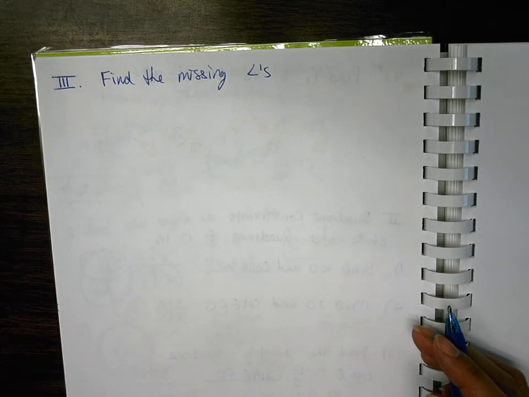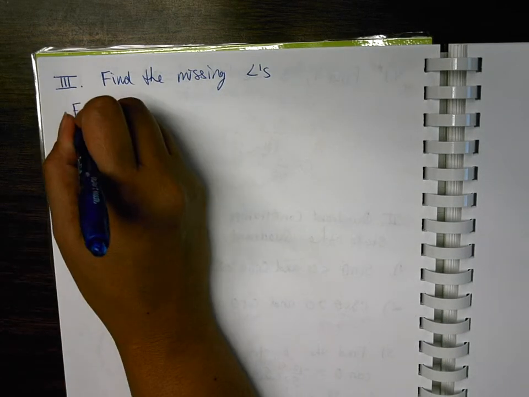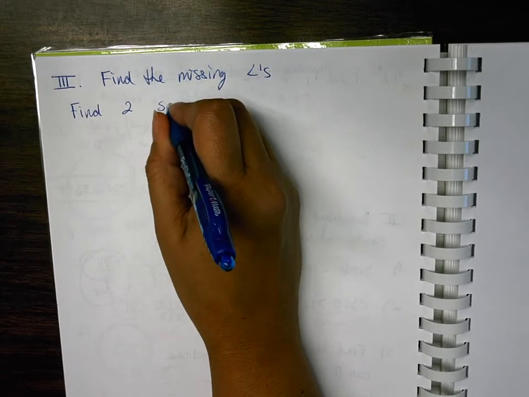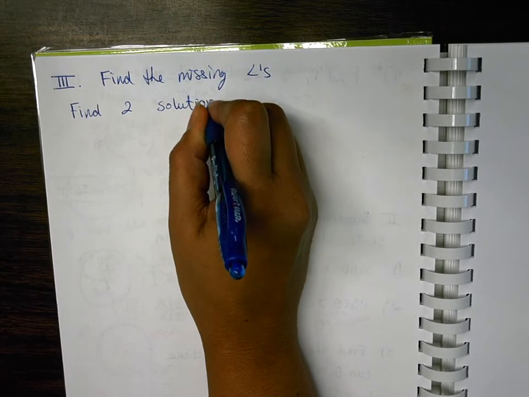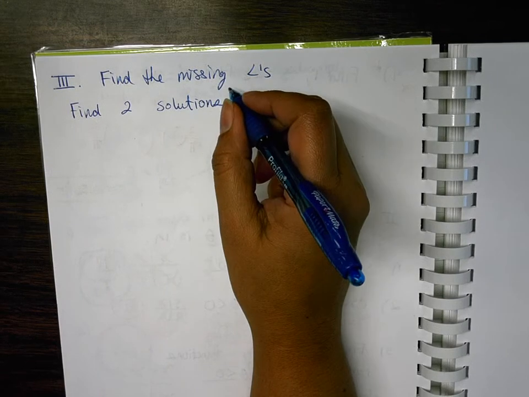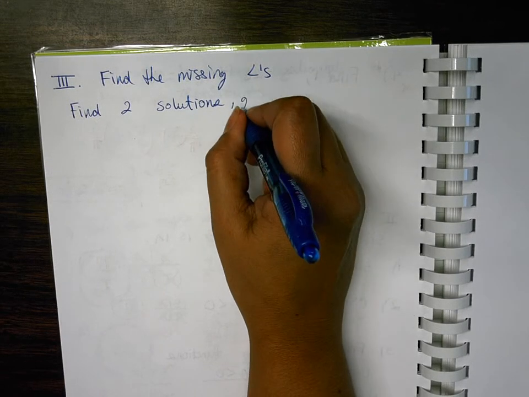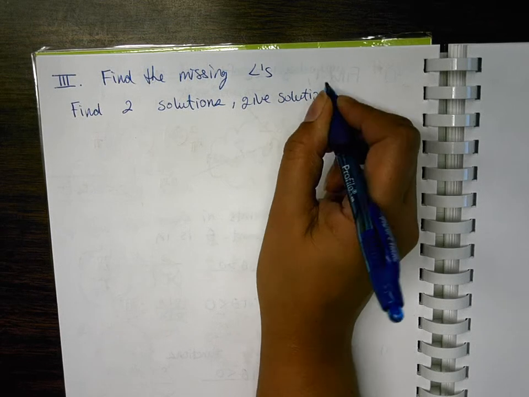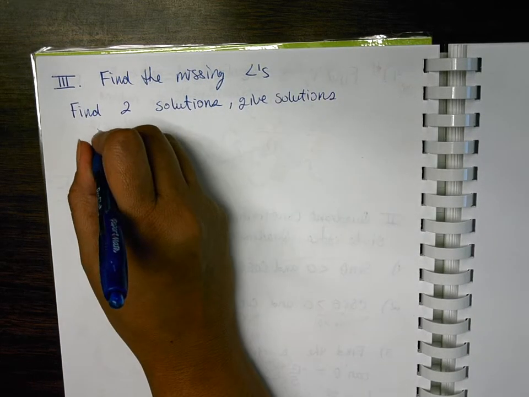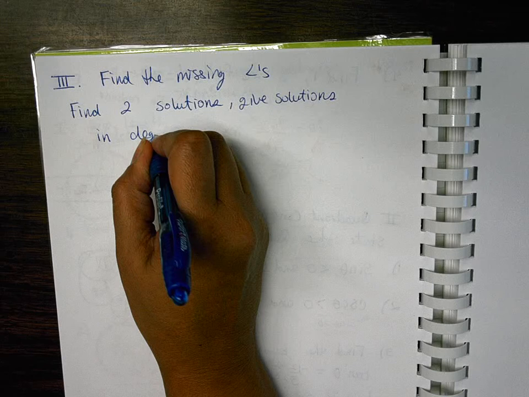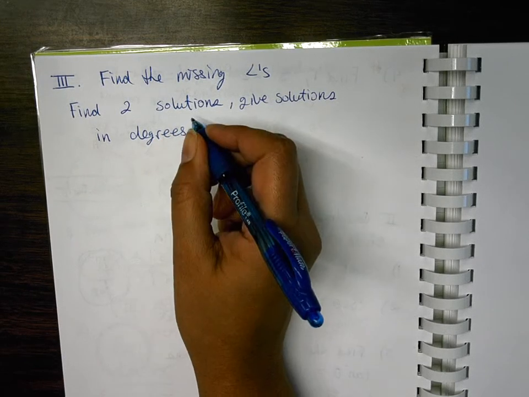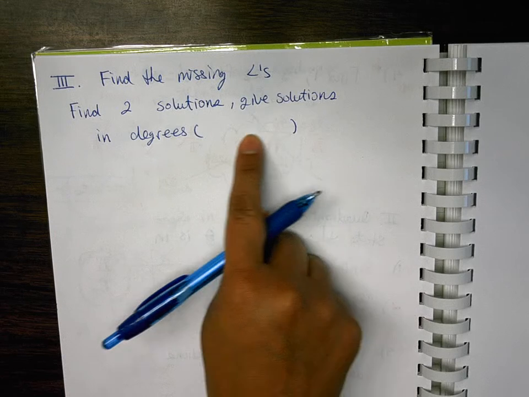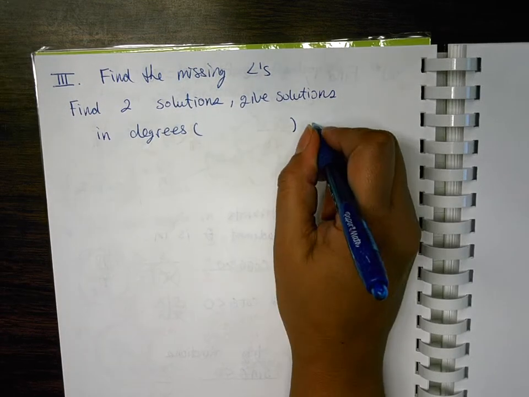Find 2 solutions. Give solutions in degrees, parentheses, leave enough room in there, we're going to write something in there, and radians.